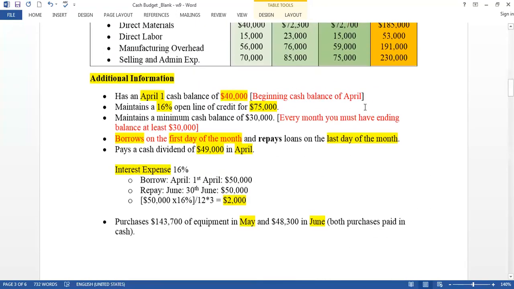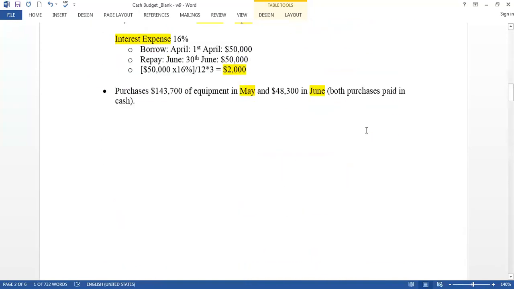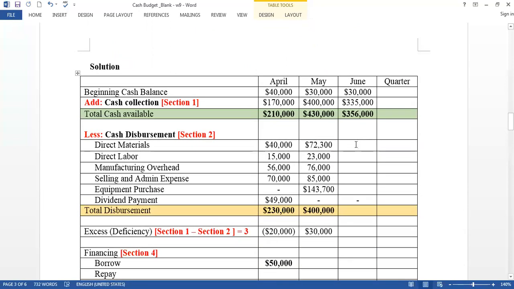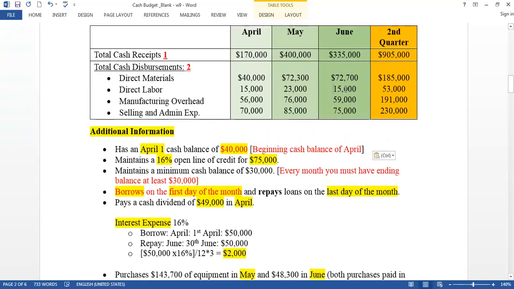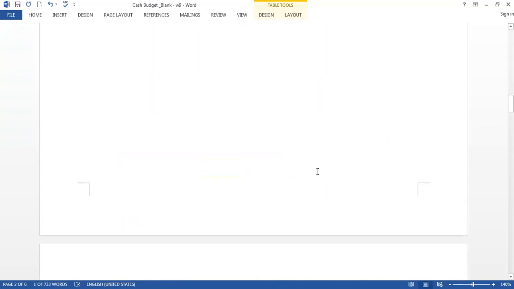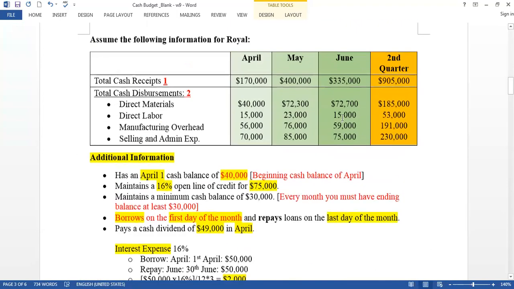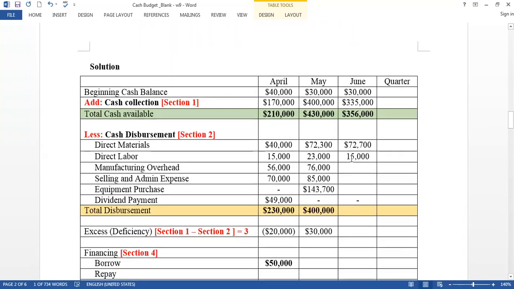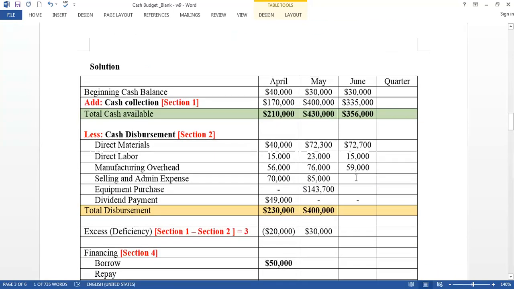We have cash payments. These are the cash payments. We are going to pay $72,700 for direct material, $15,000 for direct labor, then $59,000 for manufacturing overhead, $75,000 for selling and admin.